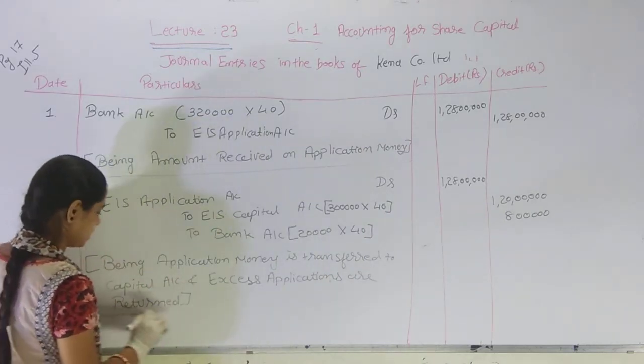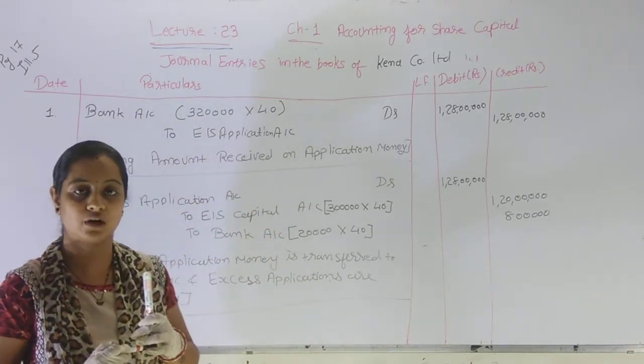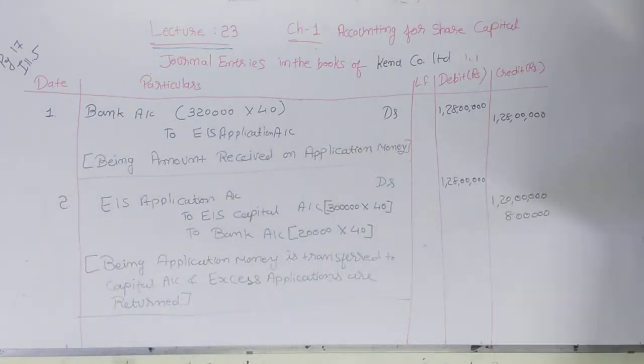Bracket over, underline, leave one line, then third entry. Third and fourth will be for allotment. But before discussing that, write down this.